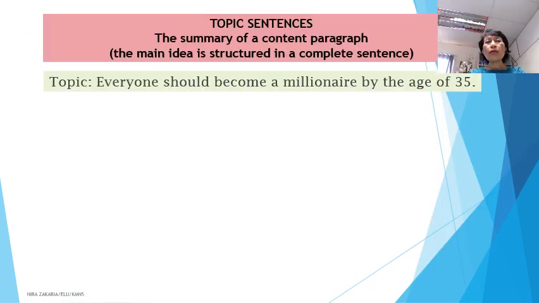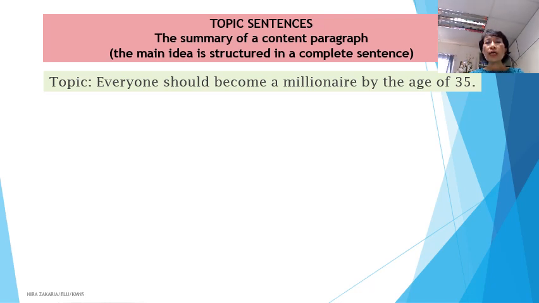Now let us go to the next important element in the content paragraph. This is regarding a topic sentence, and you are going to have 3 content paragraphs altogether. Hence, it is expected of you to write 3 topic sentences. What is a topic sentence? It is the summary of a content paragraph.